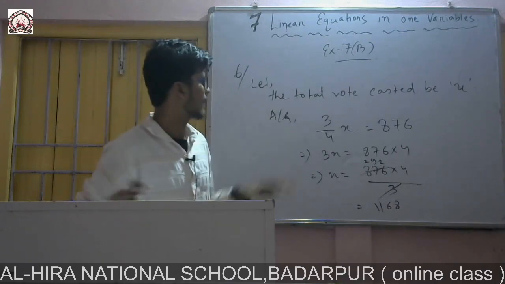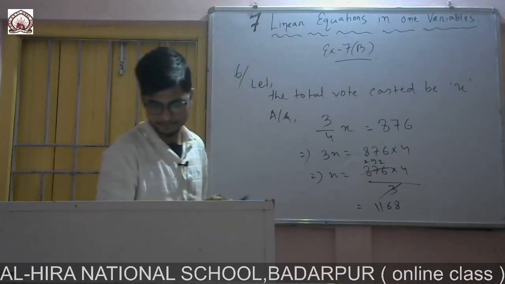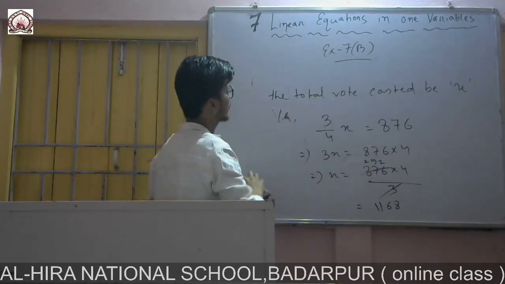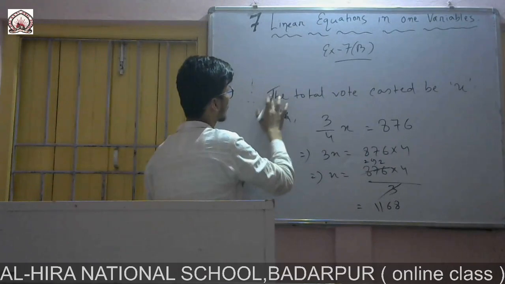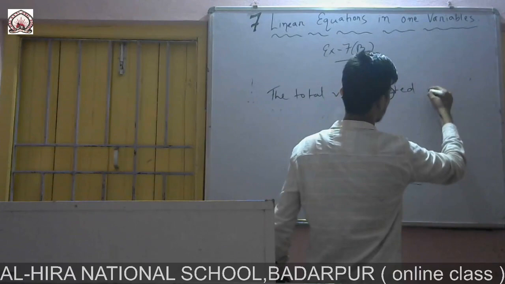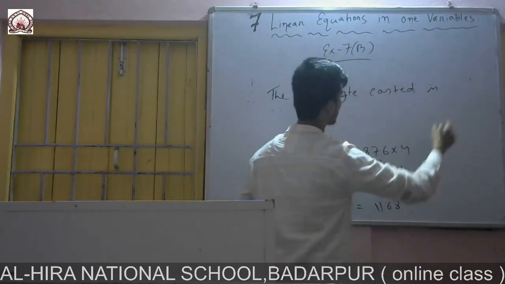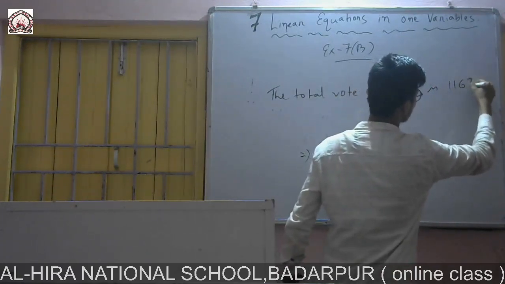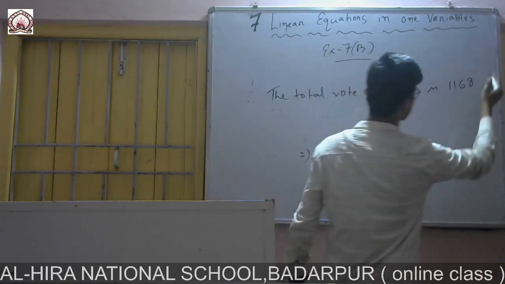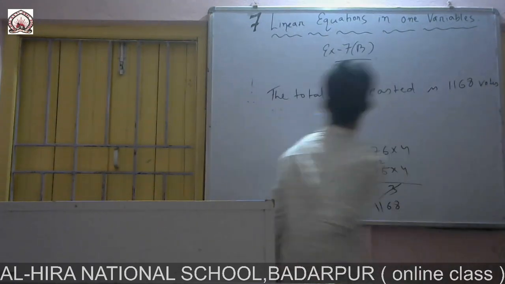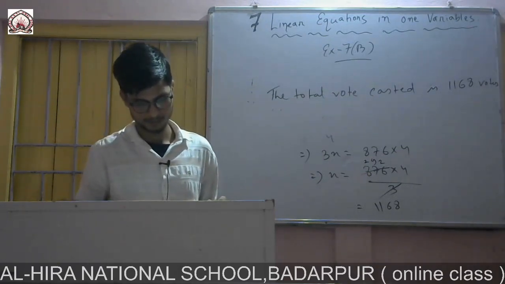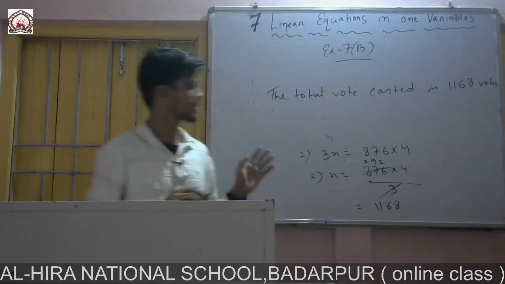So you write, therefore the total vote casted is 1168 votes, or 1168 votes were casted in total.